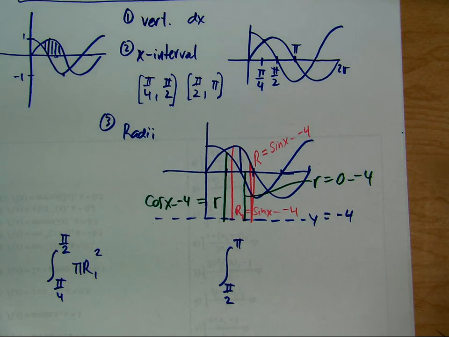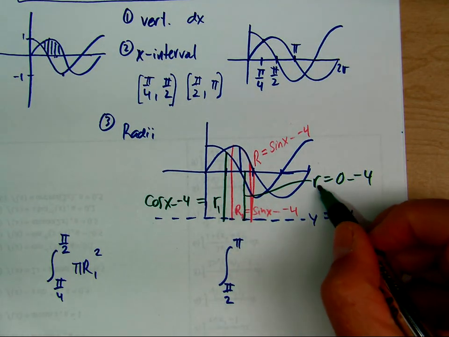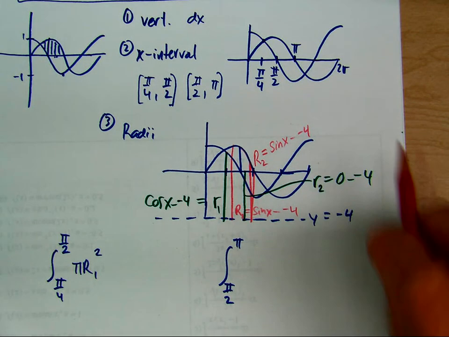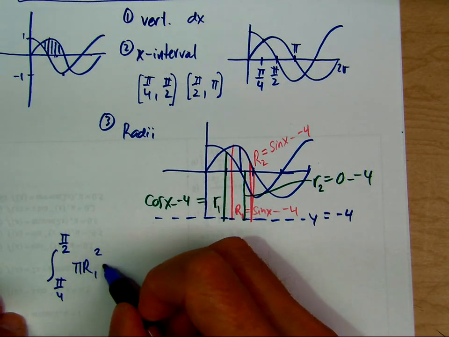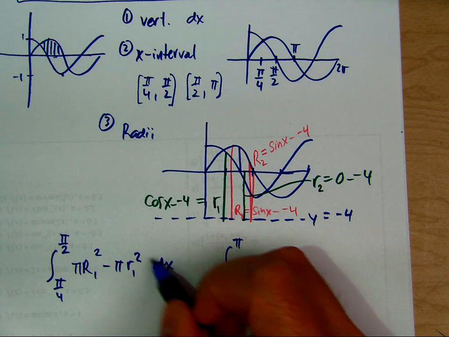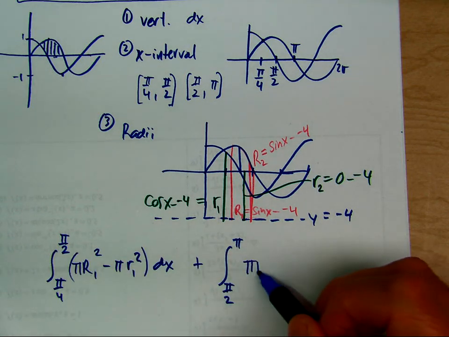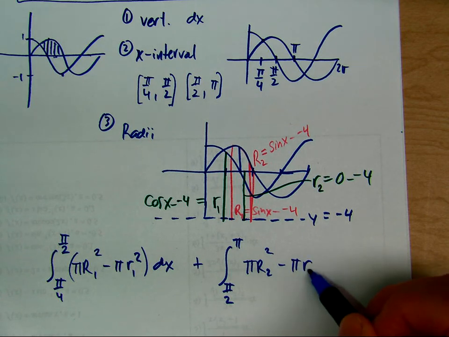We label these as R1 and R2 for the two regions. And here we have pi R2 squared minus pi little r2 squared.